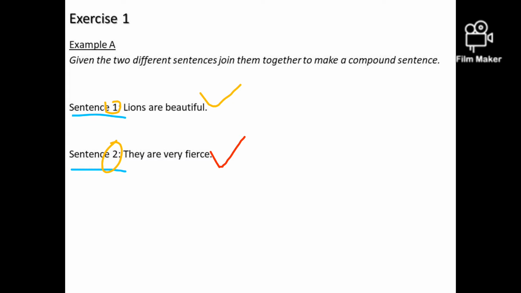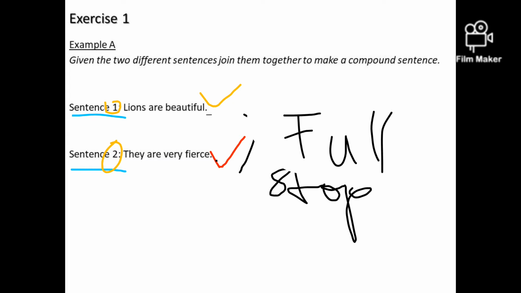So now we have two separate sentences. Lions are beautiful. They are very fierce. These are two separate sentences. Why? Because they both end with a full stop. But now the marker says we need to create a compound sentence.